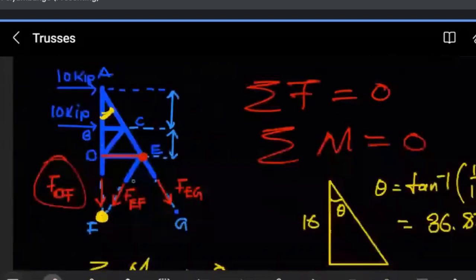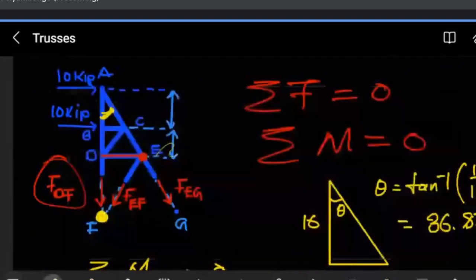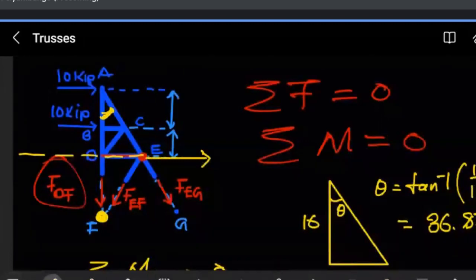They are all acting at E. So the X component of FEG is acting at E horizontally to the right, like this. Based on that, what type of moment is it causing? Its line of action is this line. So it is causing a clockwise rotation. So we conclude that the X component here is causing clockwise.